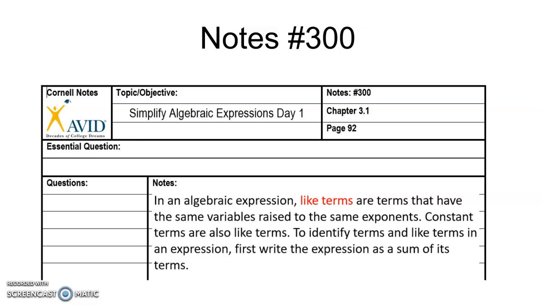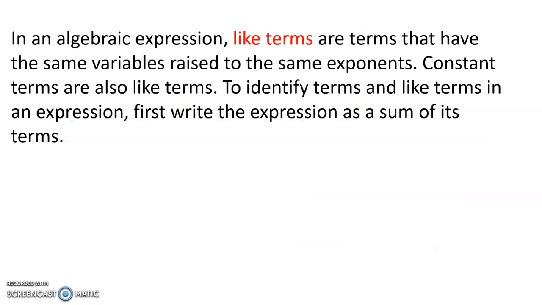All right, so we are doing notes for 300. This is Chapter 3, simplifying algebraic expressions. It says in an algebraic expression, like terms are terms that have the same variables raised to the same exponent.